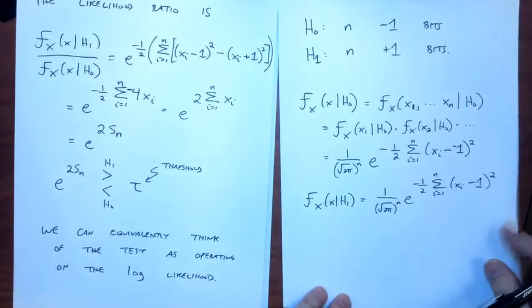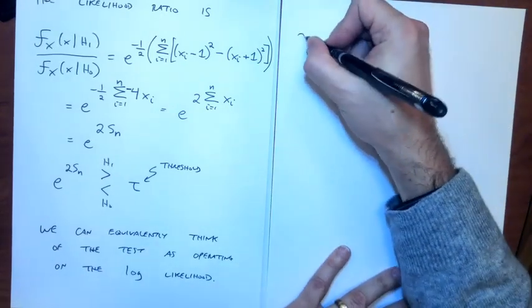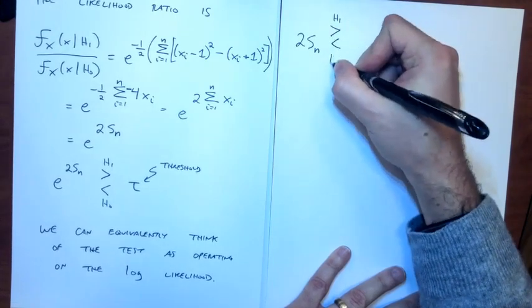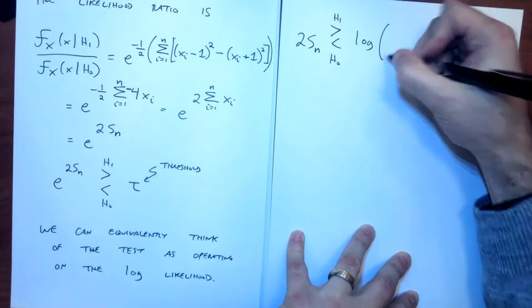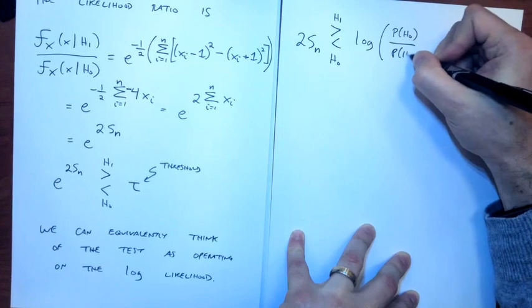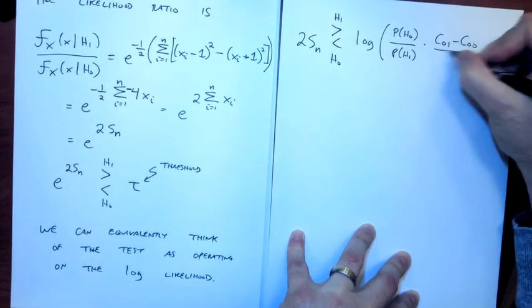So that means that what I have is 2 times the sum on this side, and then I have my decision rule. And what's over on this side, I basically have the log of this stuff that comes from the priors and the stuff that comes from the costs.